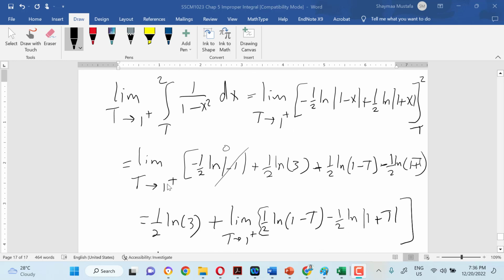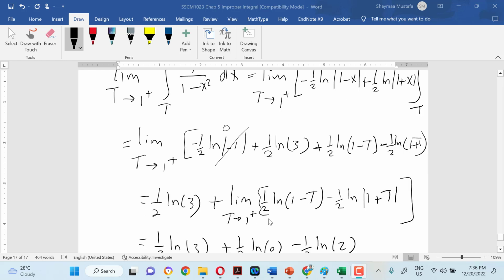So when t goes to 1, this value is 0. This value is 1 over 2 logarithm 3 here. So I will take the limit when t goes to 1 for these two terms: 1 over 2 logarithm of 1 minus t minus 1 over 2 logarithm of 1 plus t.